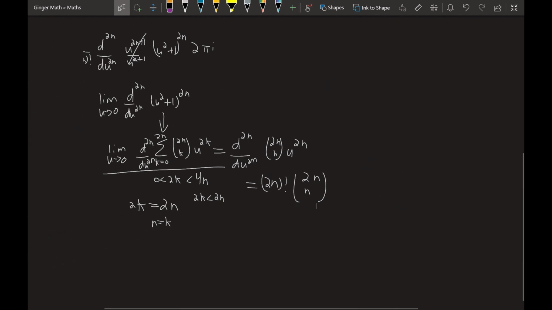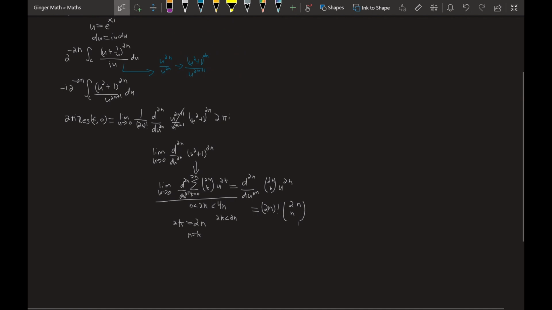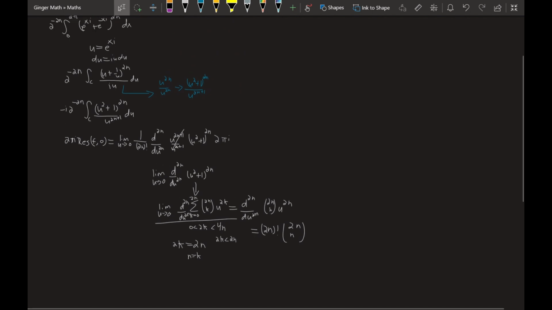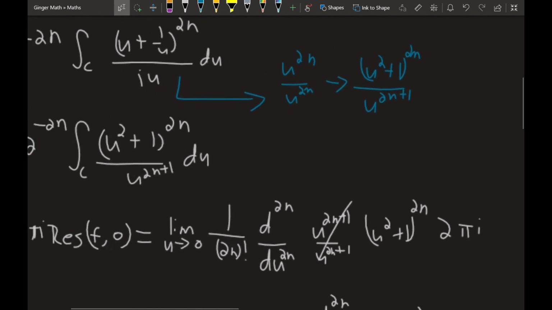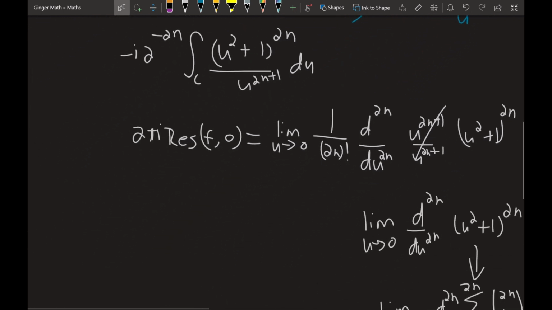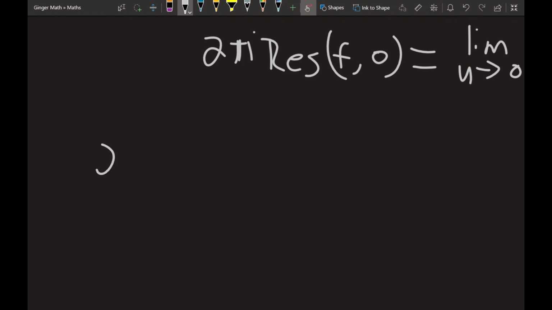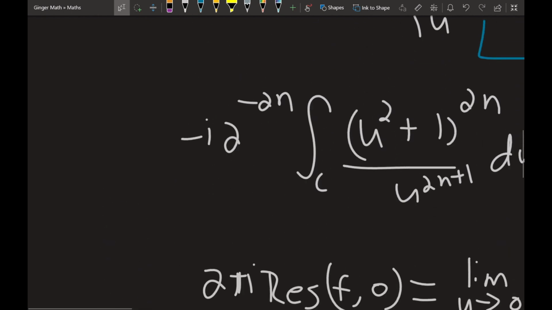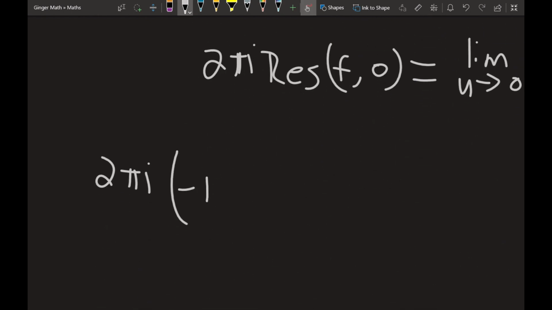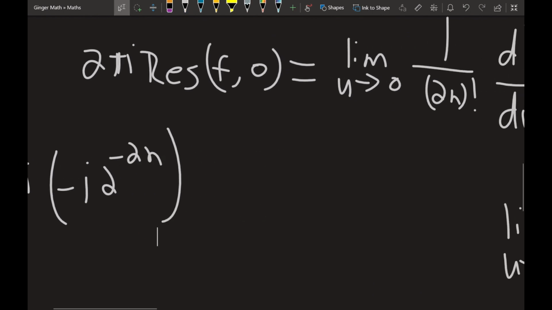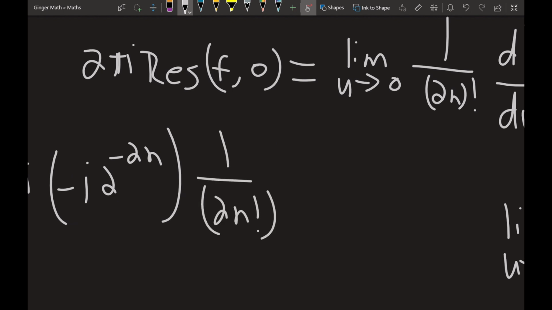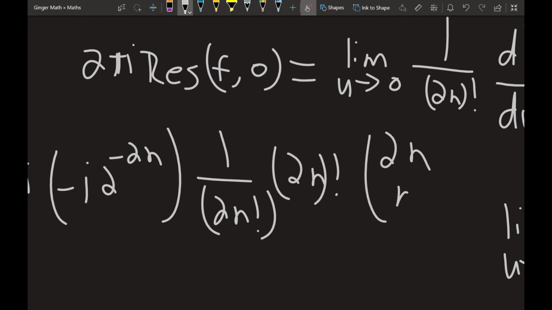And this is what we're left with when we calculate our residues. So I'm going to combine everything that we collected. What we're left with is 2 pi i times our terms out front here, so negative i times 2 to the minus 2n, but then also times 1 over 2n factorial from our residue theorem, times 2n factorial, times 2n choose n.